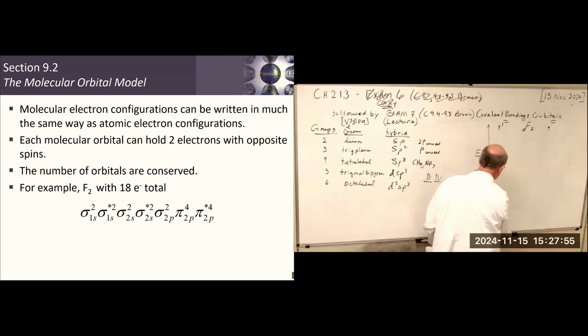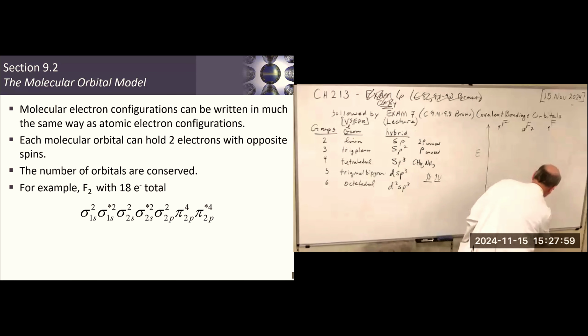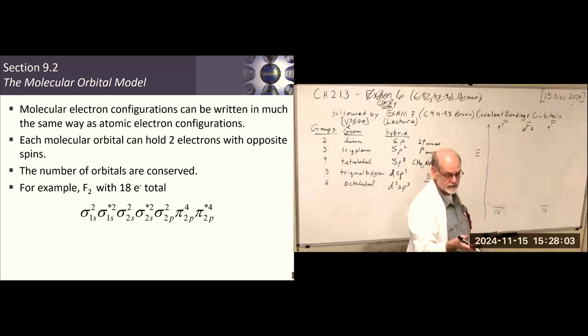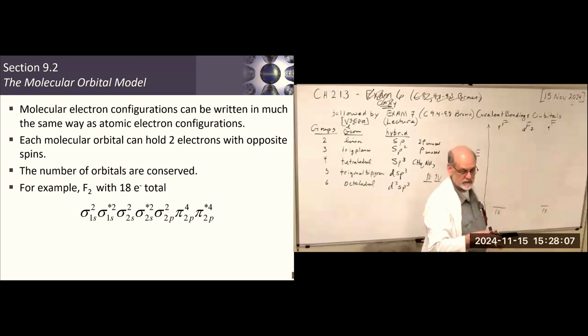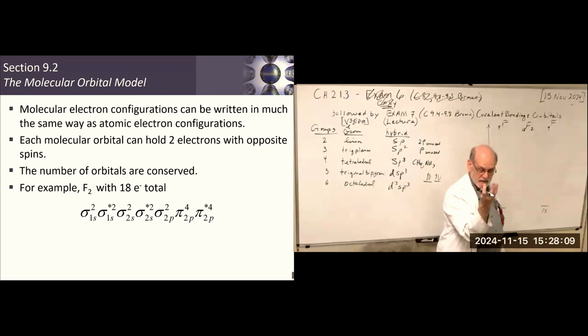So if we start down here with the 1s's on either side, it would be like hydrogen. Only these would be much lower energy than hydrogen because you have a higher nuclear charge for fluorine, and it would pull that 1s molecular orbital closer to the nucleus. It would be much lower energy.